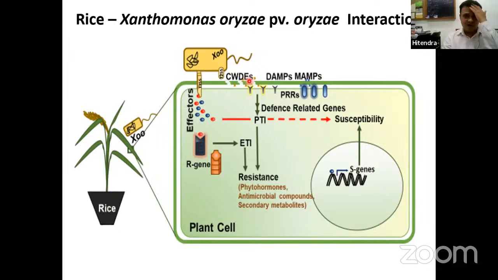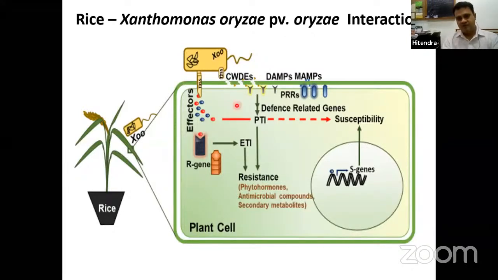So what then will the plant cell do? It will induce defense related genes, okay. Ultimately it will induce a level of phytohormones or antimicrobial compounds, secondary metabolites. So in that way it will try to defend itself from the attack of the bacteria.